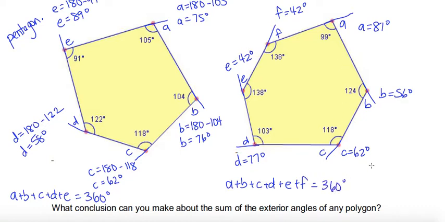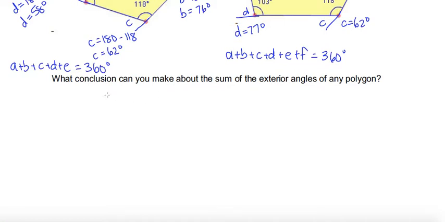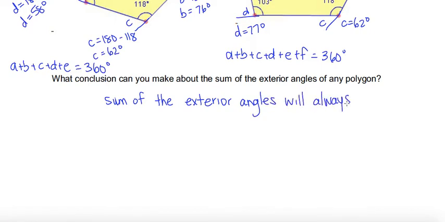So what can you tell me about the exterior angles of any polygon? Well, that the sum of the exterior angles will always equal 360 degrees.